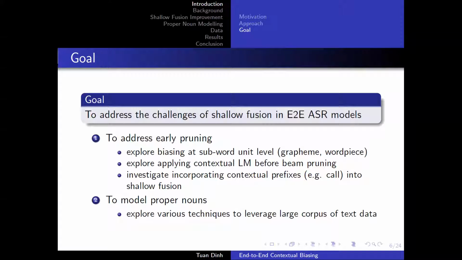Secondly, the authors model proper nouns, exploring various techniques to leverage a large corpus of either audio-only data or text-only data.